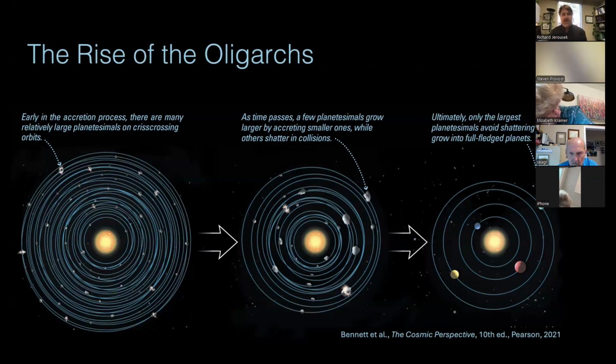And you go from having a few million kilometer-sized objects to having just one large object within that area. So we went from having many billions of small planetesimals to having, say, 4 terrestrial planets through oligarchic growth.